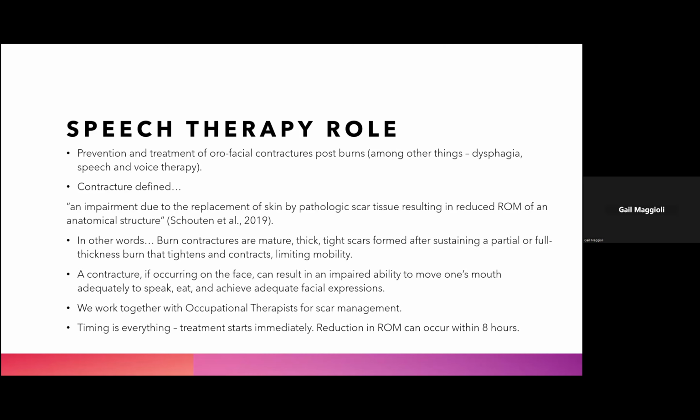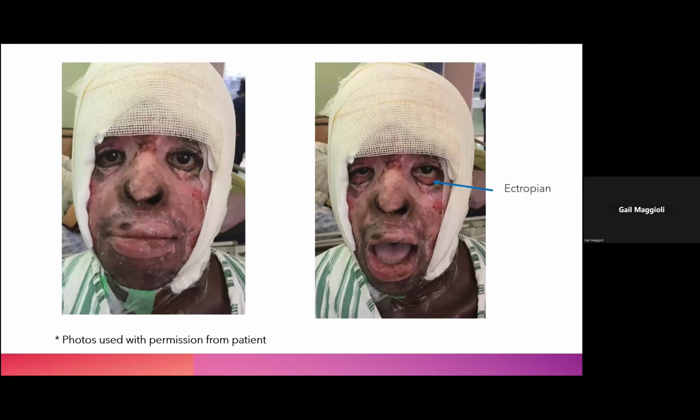My next slide has some images of one of the patients that I treated. He had full thickness burns to his face, and in spite of starting oro-facial exercises really, really early on, we can already see that the contractures were starting to develop. And the two pictures that I'm showing you, the one on the left is where he was just at rest.